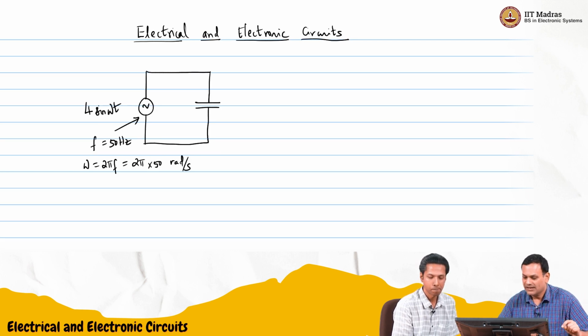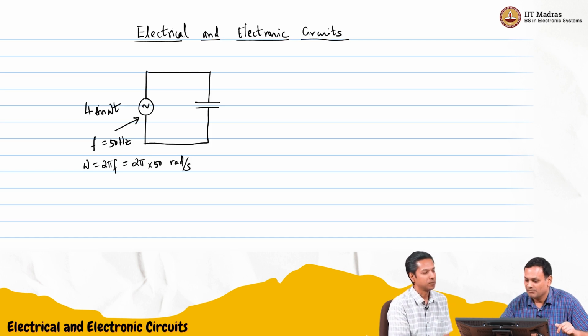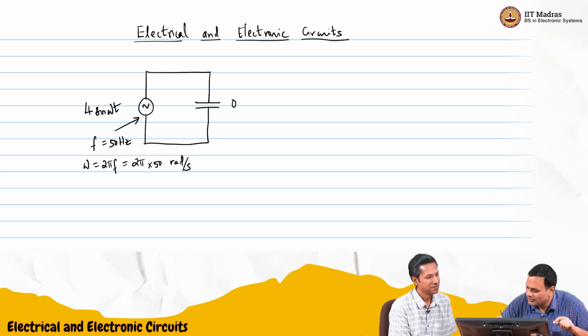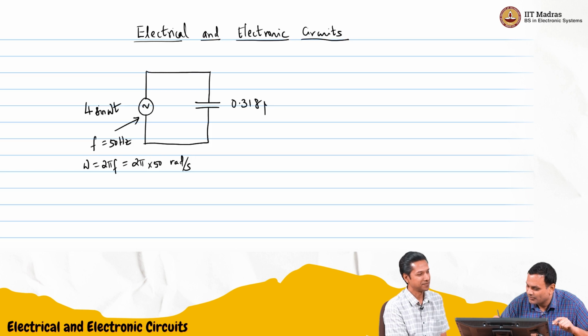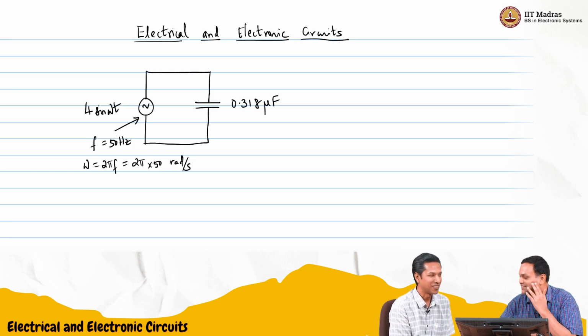And what is the capacitance value? Some microfarad, because that's what we usually see. Maybe 0.318 microfarad, just for ease of calculation.